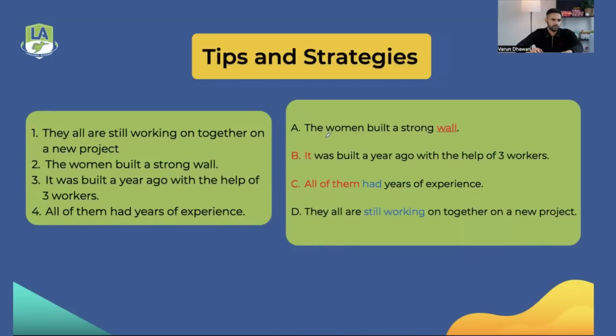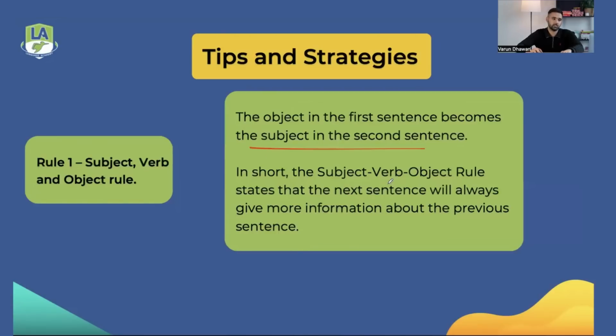For example, if the first sentence is, the women built a strong wall, according to this rule, the next sentence will start with the word wall. But it will not be that easy that the last word here becomes the first word here. The rule will be applicable, however, it will not be that straightforward.